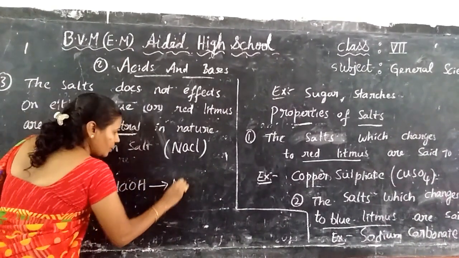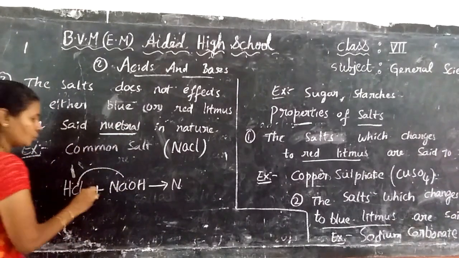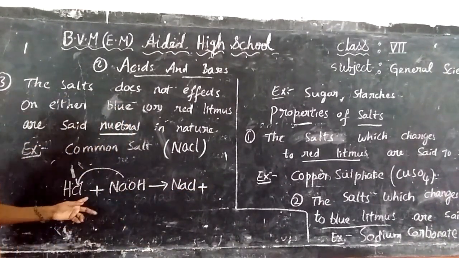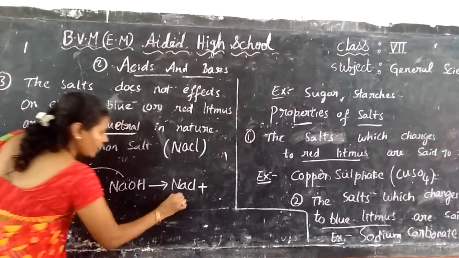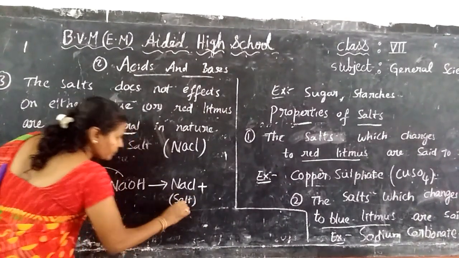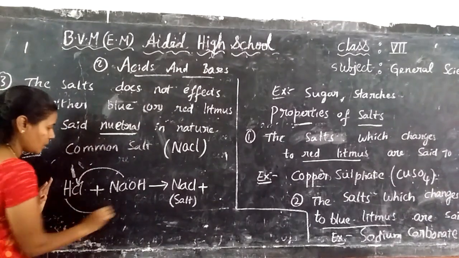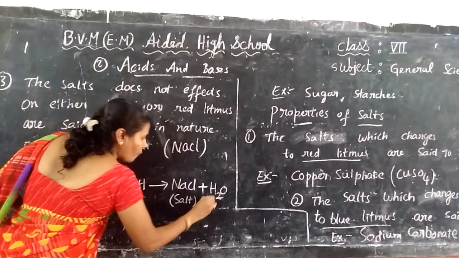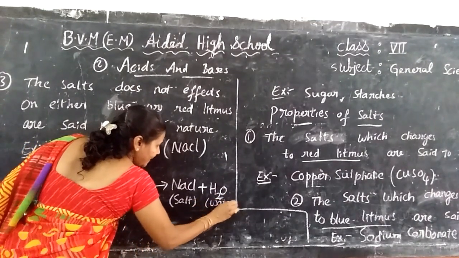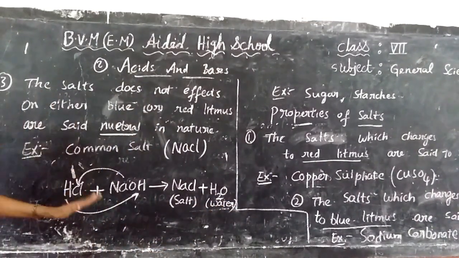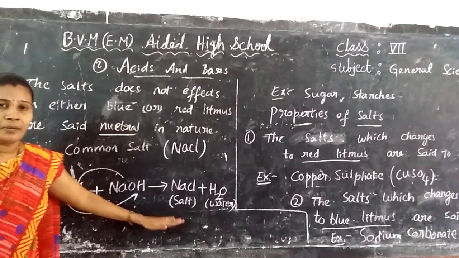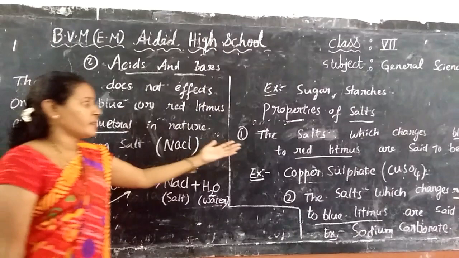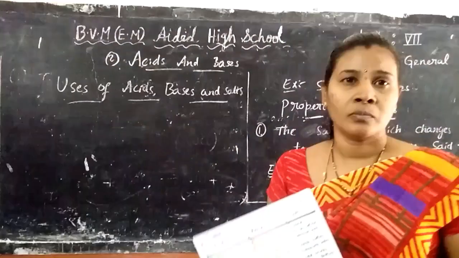Both are combined with each other, then they form sodium chloride. This sodium chloride is called the salt, and the remaining part forms water. Like this, common salt is formed. So these are the properties of salt.